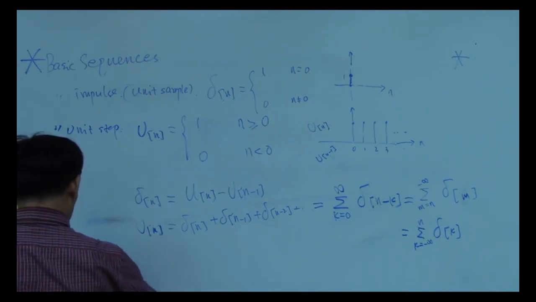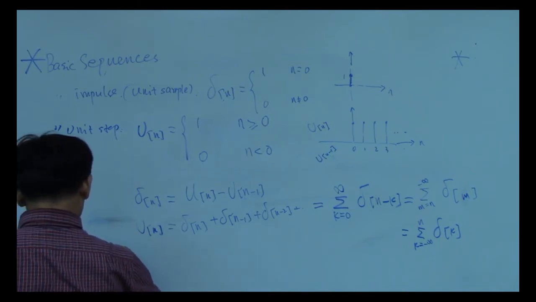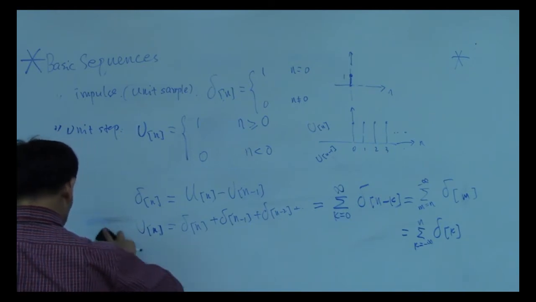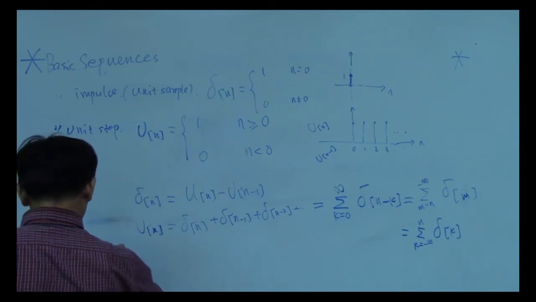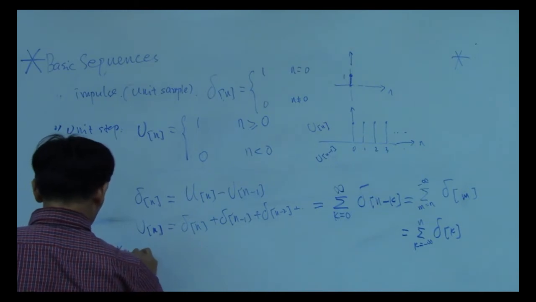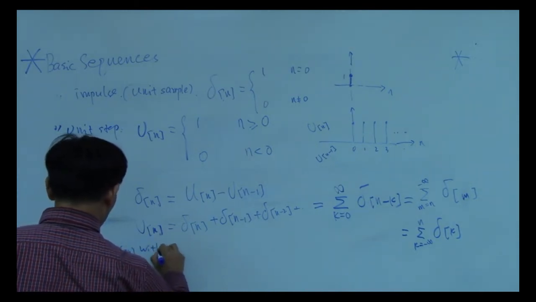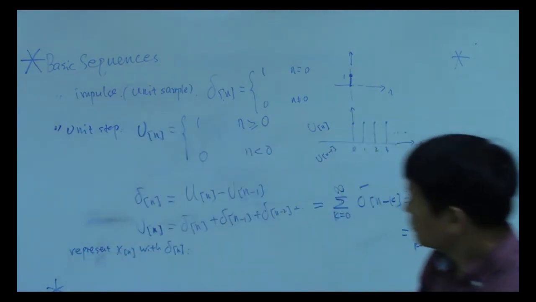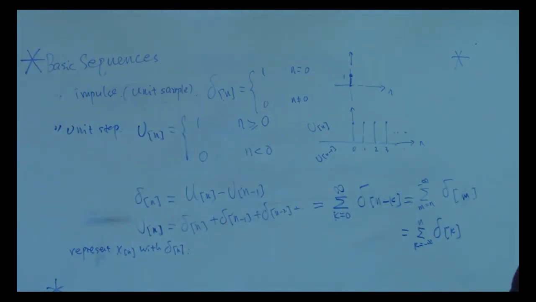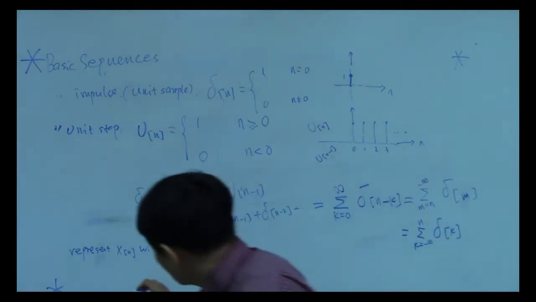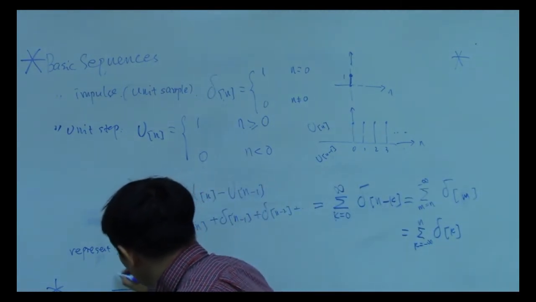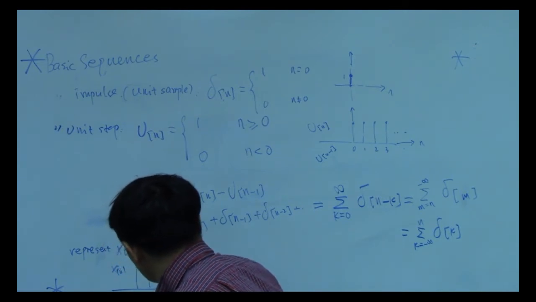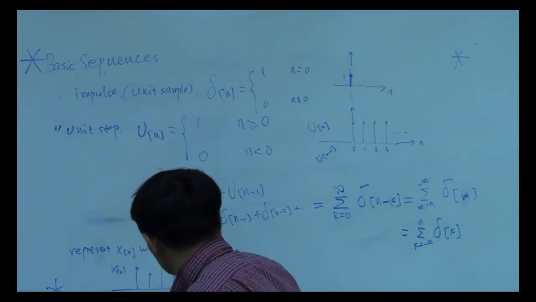Represent an arbitrary xn with impulse n. We are given a sequence which is xn. Xn can be anything.